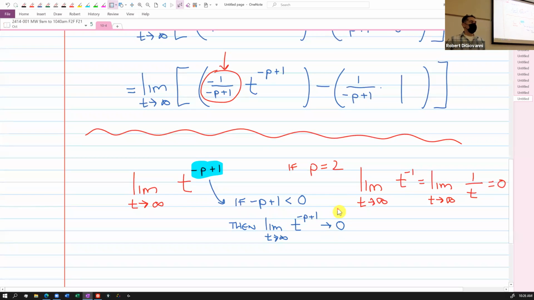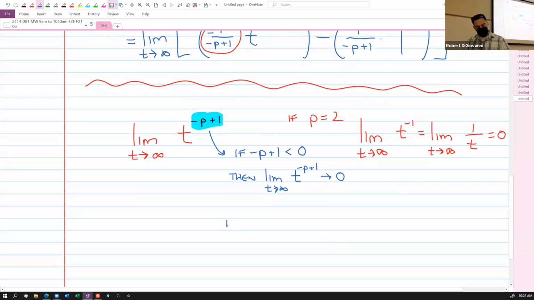Does that make sense? Now, what if negative p plus 1 turns out to be greater than 0? Now you're raising it to a positive power. If this is a positive power, take infinity and raise it to a positive power, it's going to be infinity, isn't it? So that'll go to infinity.